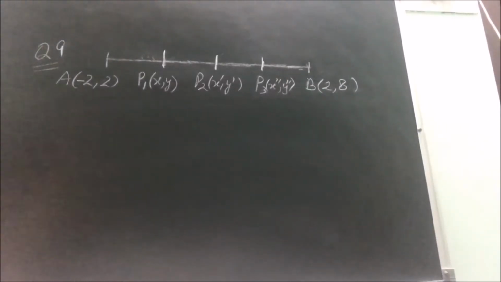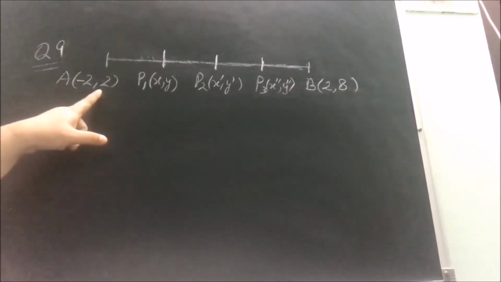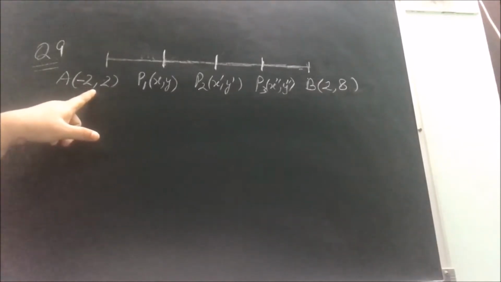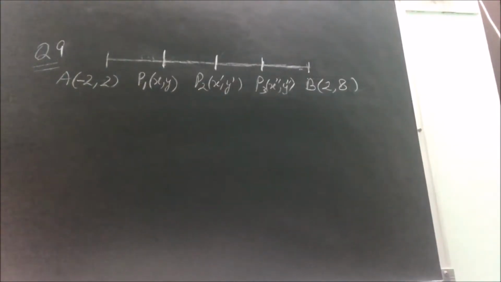Good day children. Today we will do question number 9 of exercise 7.2. In this question, the endpoints of the line segment, A and B, are given to us and you have to find out the coordinates of the points which divide the line segment into 4 equal parts.